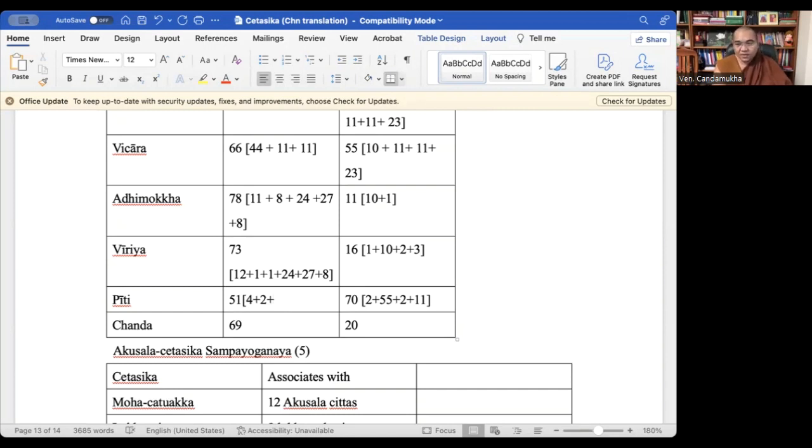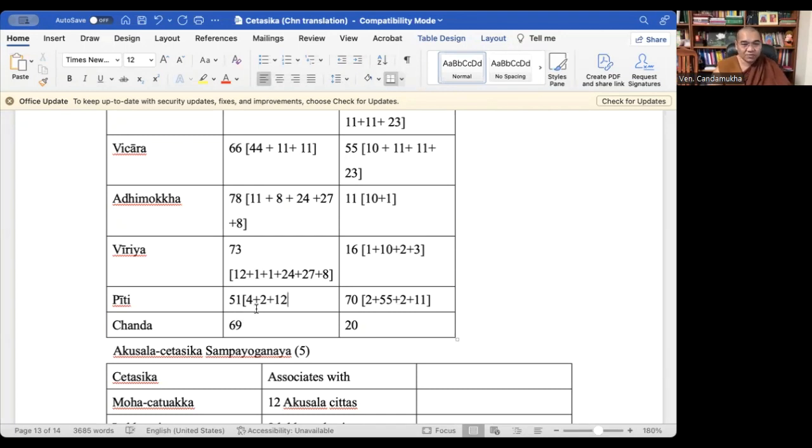Then from the 24 kamavacara sobhana citta, you can see kusala, vipaka, kiriya. In the vipaka also, somanasa, pleasant feeling, 4. In the kiriya also, pleasant feeling, 4 consciousness. So altogether 12 from the kamavacara sobhana citta.